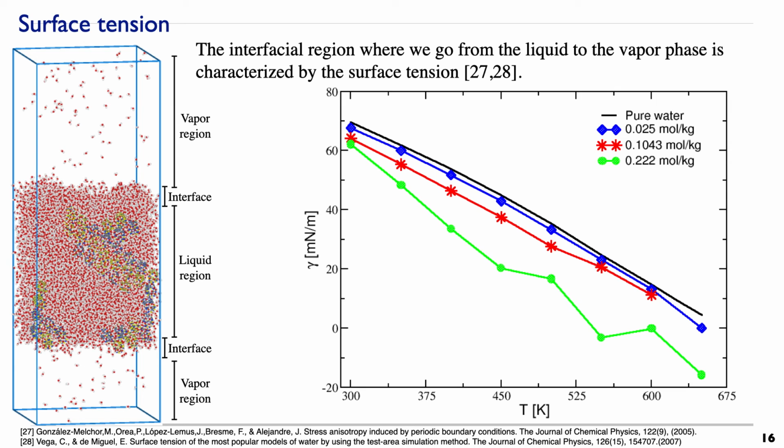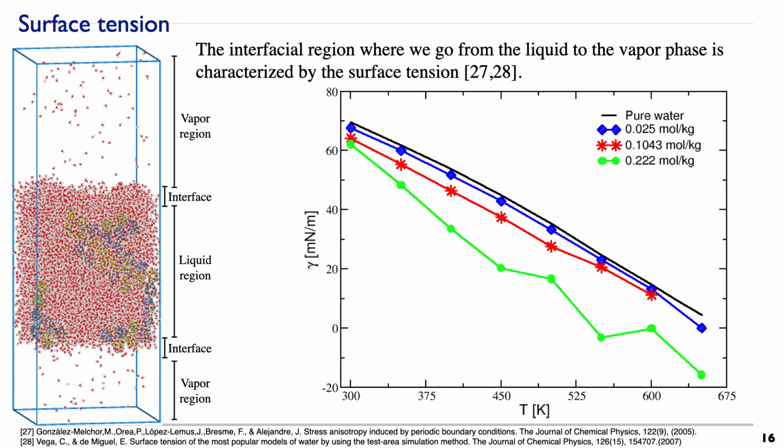At concentrations of 0.025 and 0.1 mole per kilogram, the surface tension values are on average 5% and 16% lower than pure water. This is due to the low correlation of nanotubes with water, so in terms of interactions, nanotubes reduce the cohesion energy of the water molecules.